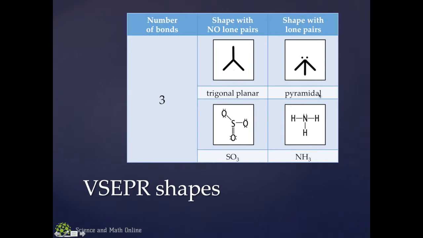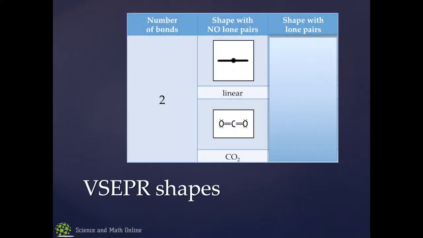So that's what we're going to see that lone pairs do. Lone pairs push the bonds away from them. So when I have 3 with no lone pairs, it's nice and flat. But as soon as I add that lone pair, it's going to push them down and away from the lone pair, creating this pyramid shape. We're going to see that again when we look at 2.